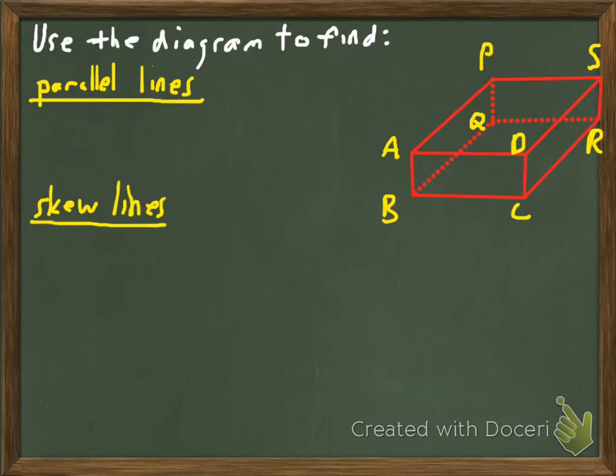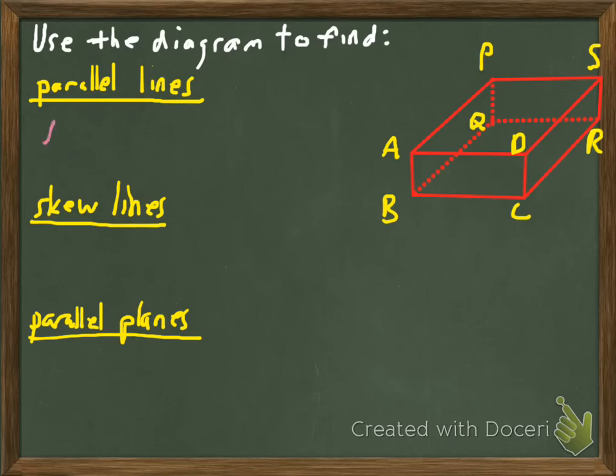Now, I'm not asking you to find every pair of lines that are parallel or every pair of lines that are skewed, but I would like you to find some. And then I'd also like you to find a pair of parallel planes. Alright, we don't need to focus on intersecting lines, that's a little bit too easy. But see if you can pause the video, find some examples of each. I'll probably find different examples than you will. Nevertheless, let's see if you know what you're doing.